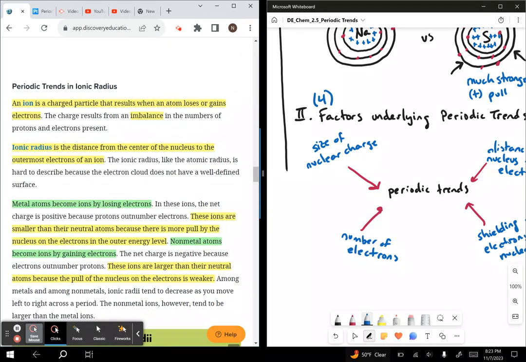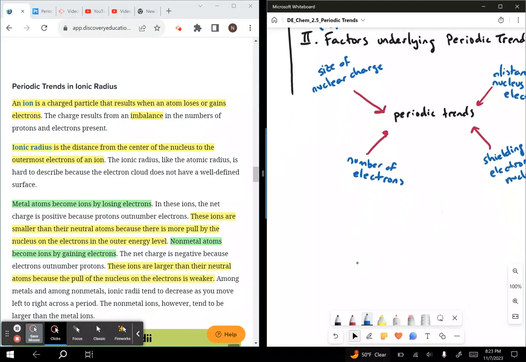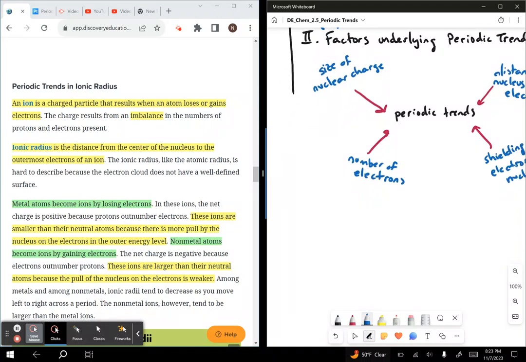We just talked about atomic radius. What's this business about ionic radius? Well, if you think about what an ion was, it's an atom that either gains or loses an electron, and you become a positive or negative ion.